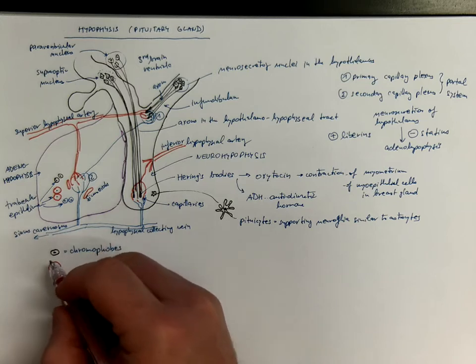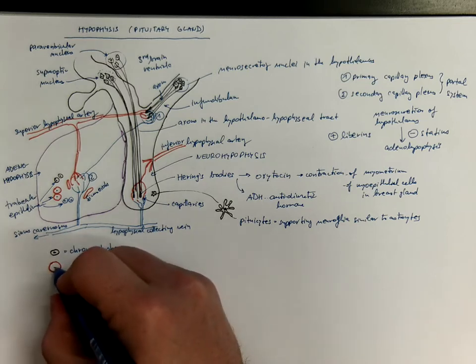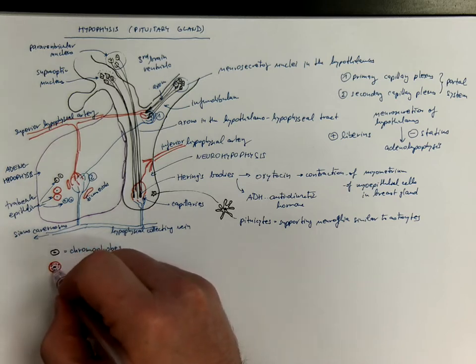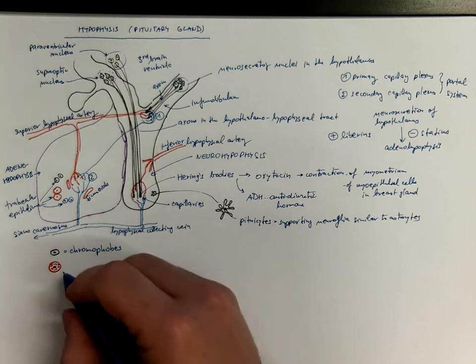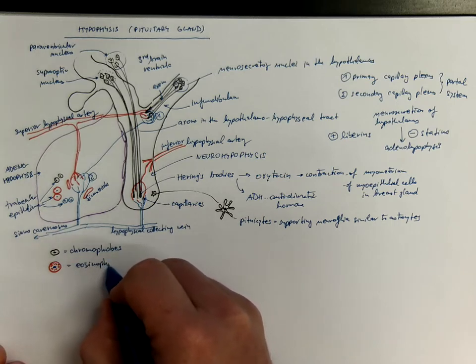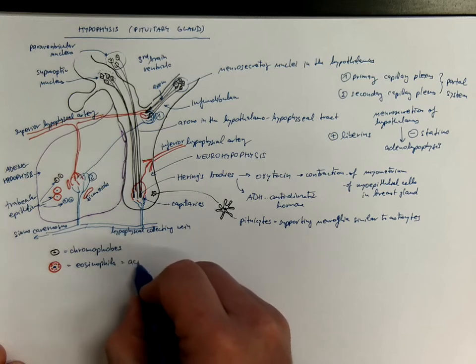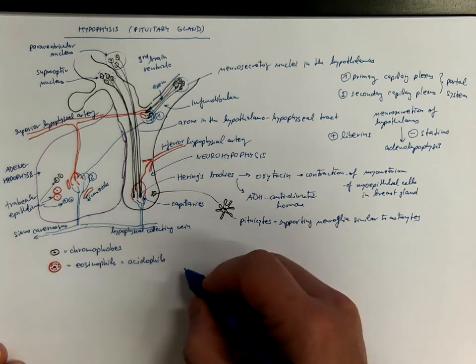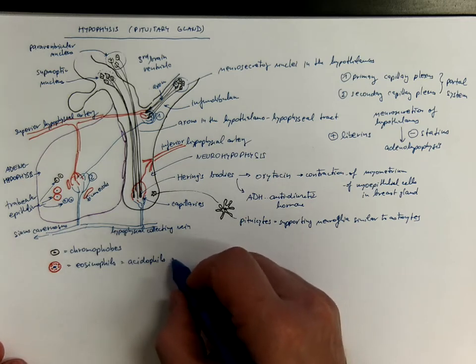Then we have these eosinophilic cells with eosinophilic cytoplasm. They are known as the eosinophils or acidophils, it means the same. And there are two types of eosinophils.